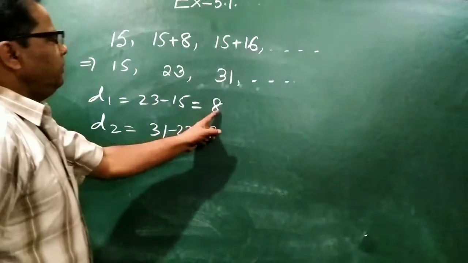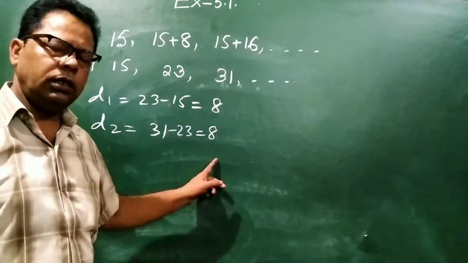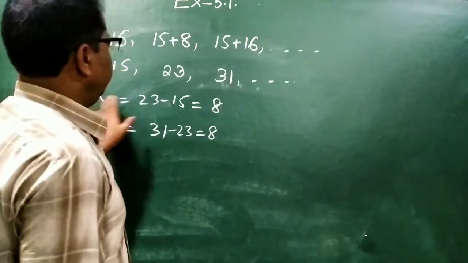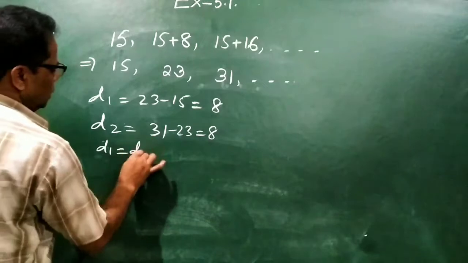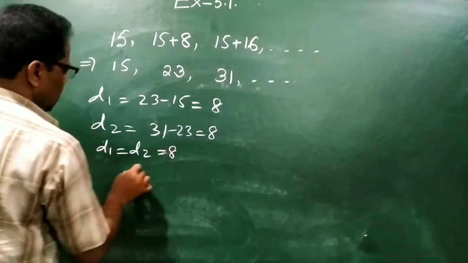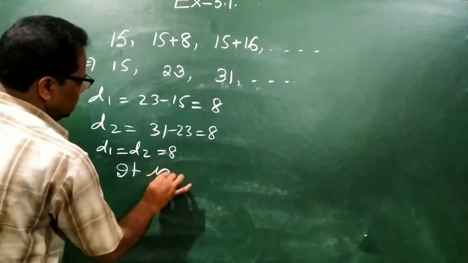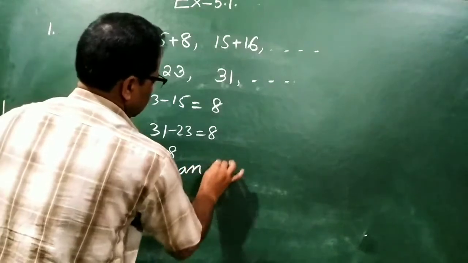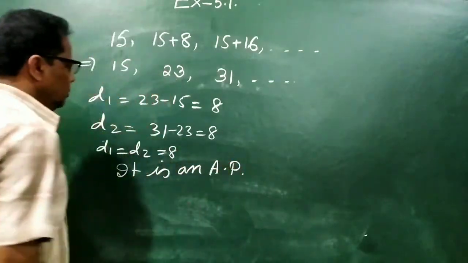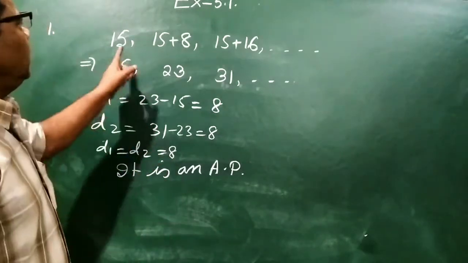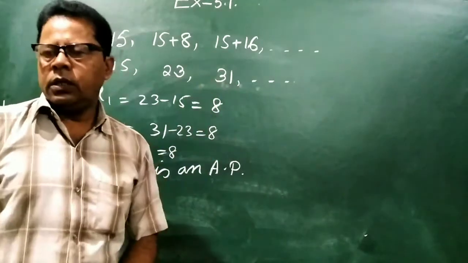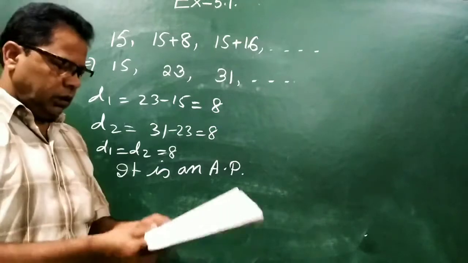So we are finding that the common differences are equal. Since D1 and D2 are both equal to 8, it is an arithmetic progression, because all these common differences are equal to 8. So they are in a pattern. Let's see question number 2.